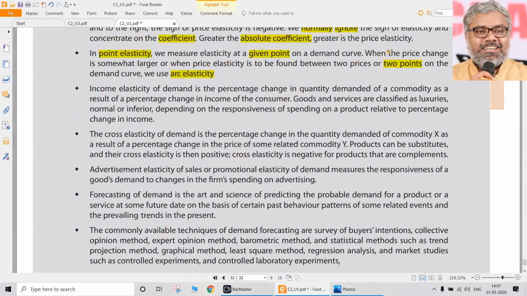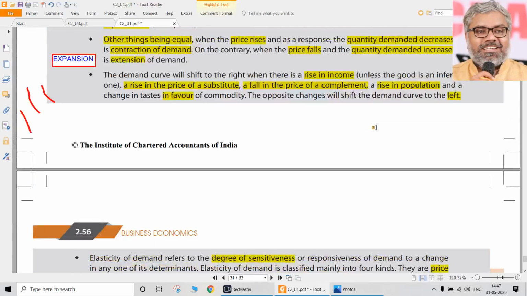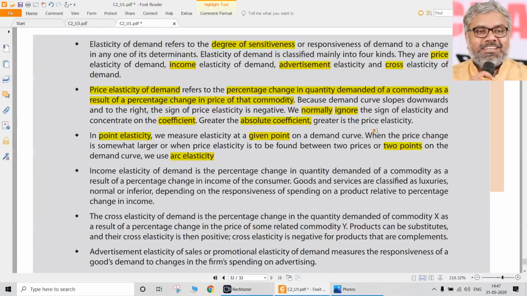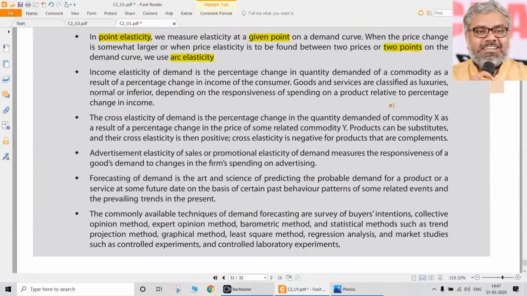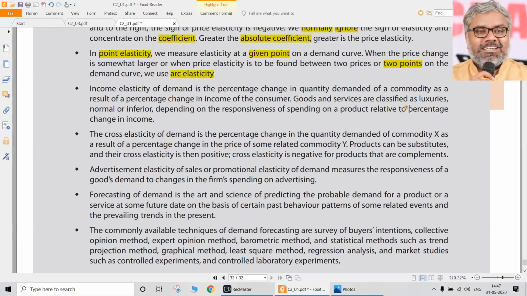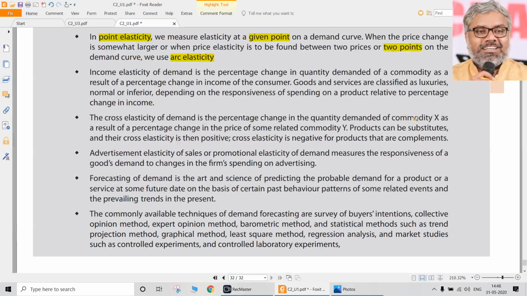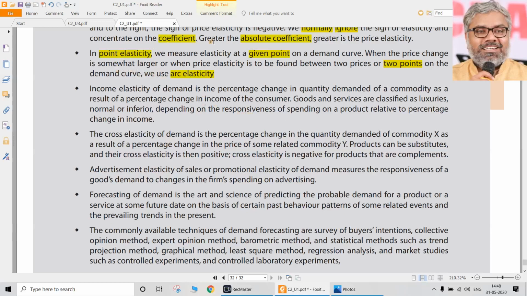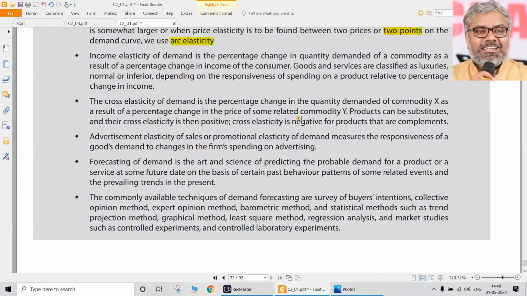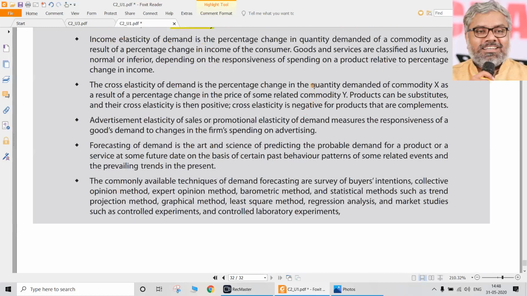But that itself is a big discussion. Definitely each point in economics can be further inquired into and research can be done on that. But once again, our limitation is only basics. We have to be just focusing on that. So the core aspects, yes, we should know: when point elasticity is used, when arc elasticity is used. Remaining things related to real life application, we don't really have to worry about now.